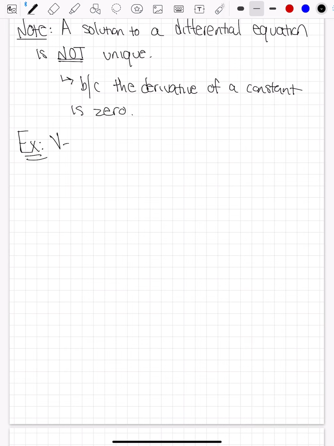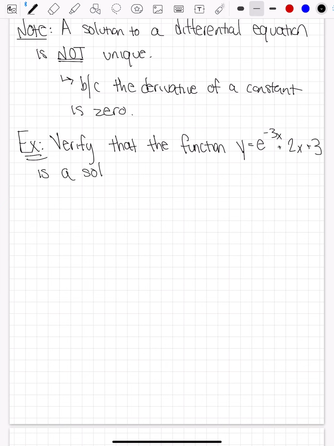So we're going to verify that the function y equals e to the negative 3x plus 2x plus 3 is a solution to the differential equation y prime plus 3y equals 6x plus 11.